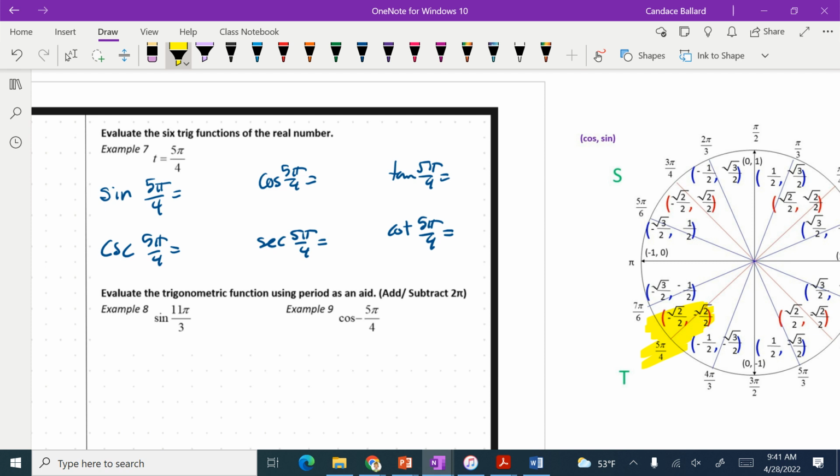Give you about 40 more seconds on your own. Okay, I want you to check them with your table. Have a discussion about it.